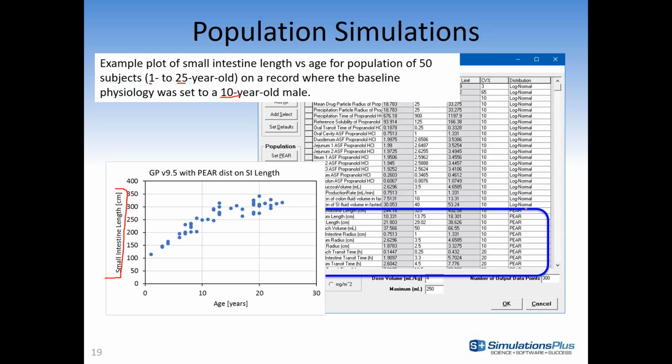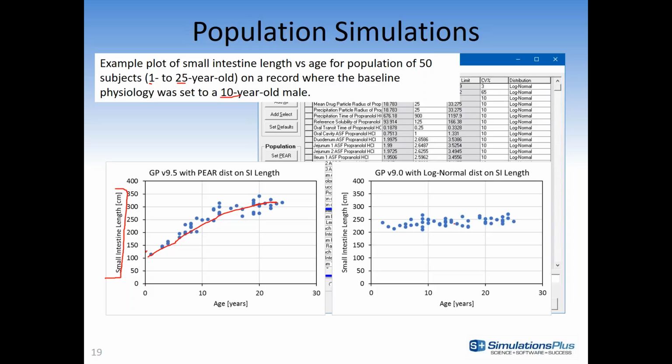And you will see that with this link through the pair physiology with the PBPK model, you would now get a properly scaled length of the small intestine going from the 1 year old all the way up to adults. While with previous versions, you would be looking more at the random variability around the baseline value, which was the physiology for the 10-year-old male.